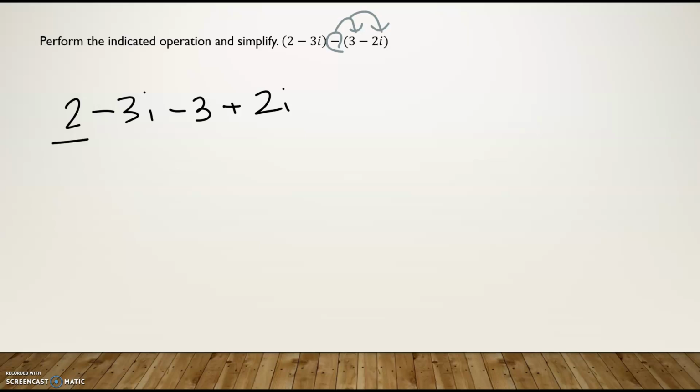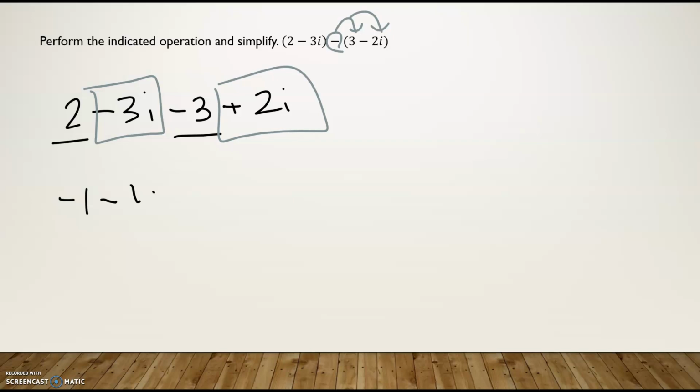Then we're going to combine the 2 and the -3. That will give me -1. Then I'll combine the -3i and the positive 2i. So that will give me -1i, which we don't ever see a 1 in front of the i. It's already assumed. So -1 - i will be our final answer.